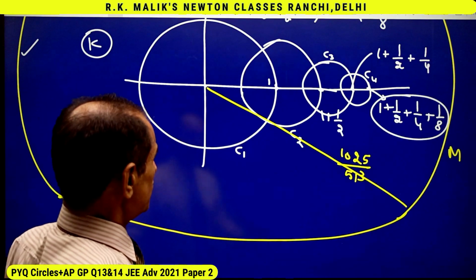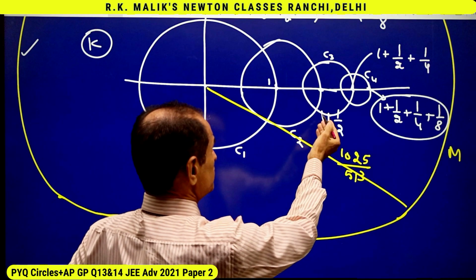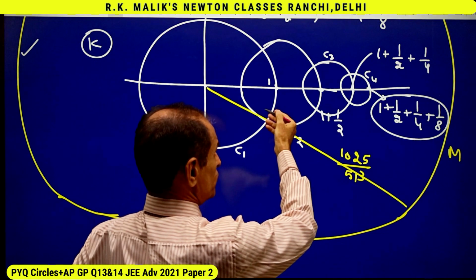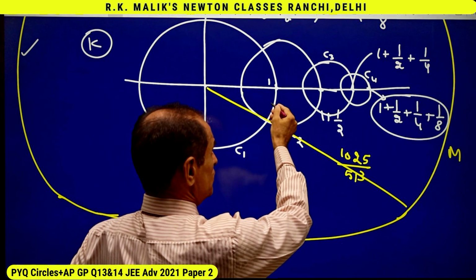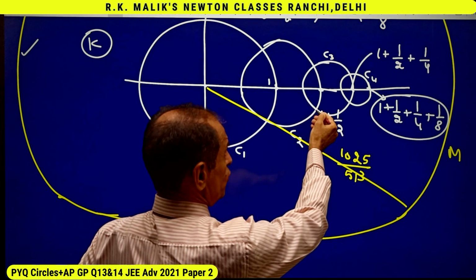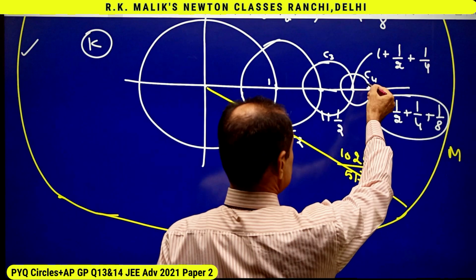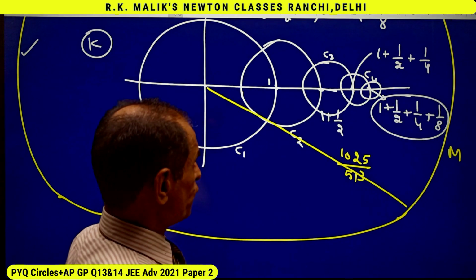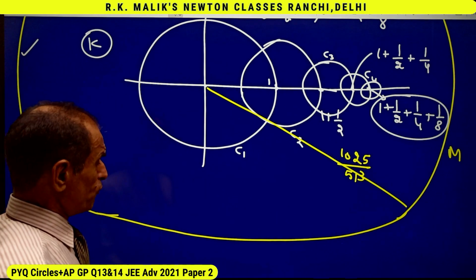You can see very easily every alternate circle is not intersecting the previous one. That is, this is not intersecting this one and this will not intersect the circle with this point as center and so on. Therefore, first of all, let us find the value of K.